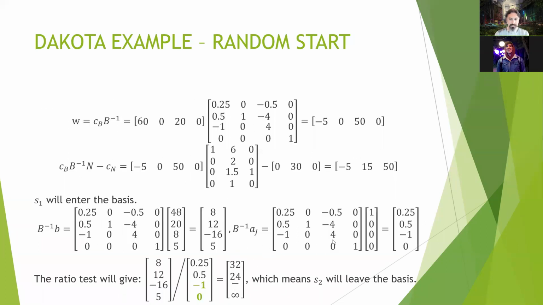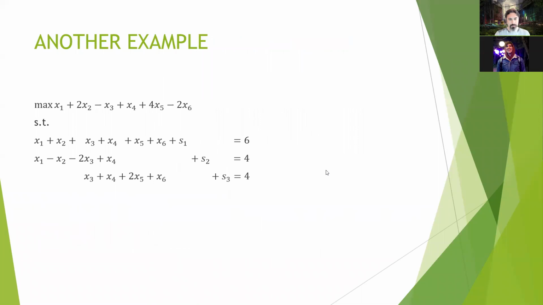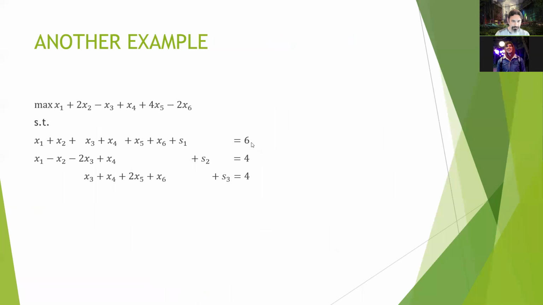Because this is the second row, and the second row belongs to S2, so S2 will leave the basis. After S2 leaves the basis, we will try to find a new B inverse, and then we will try to find the new iteration anyway. But this is the same thing, okay? After we have seen who enters and who leaves, we will just make the same iterations over and over again to get to the optimal value, and we will get to the optimal value in the end.